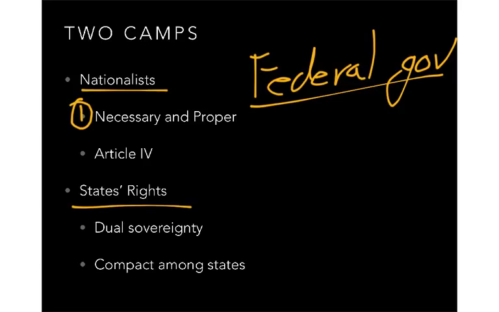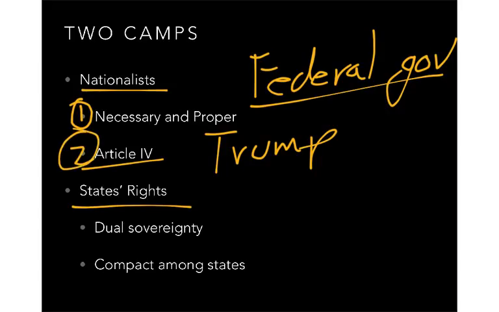We wanted a powerful national government. They're going to point to things like Article 4 of the Constitution that says that the Constitution and national laws can trump other things, right? This kind of trump card. And again, this means, says the nationalist, that the federal government should be the more powerful in the relationship between the national government and state governments.